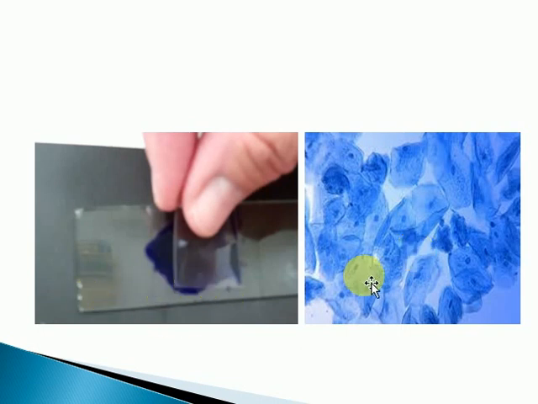We stain it and then we observe it under the microscope. So here we can see the cells, and the nucleus in it is clearly visible. Okay, and in the case of plant cells we use iodine to stain the cell, because iodine binds with starch and the components of the cell are clearly visible.